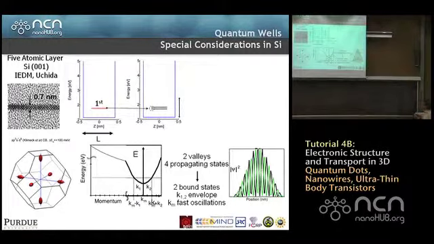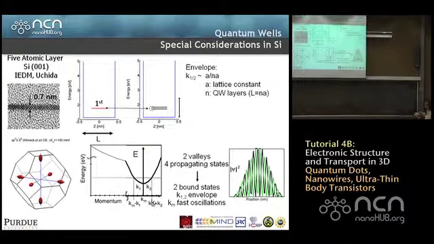All right. So that means you have 2 states, and actually they split through their interaction. And once they split, they have this envelope, as I said, that's determined by K1, 2, which is, if we say we have a quantum well of length n times the lattice constant, so our L is n times the lattice constant, then K is determined by a over na, so 1 over n.